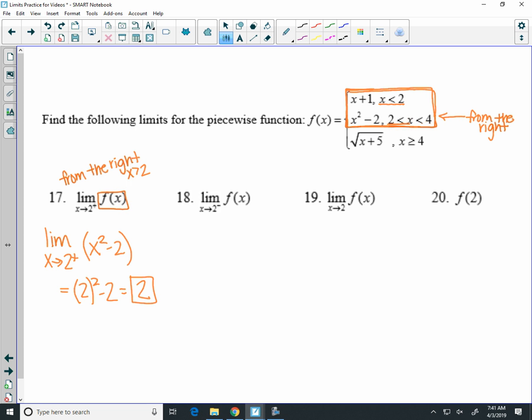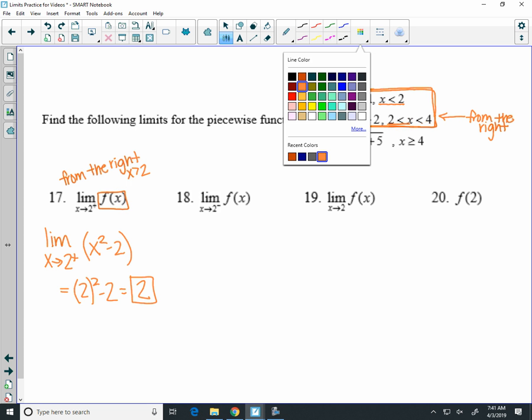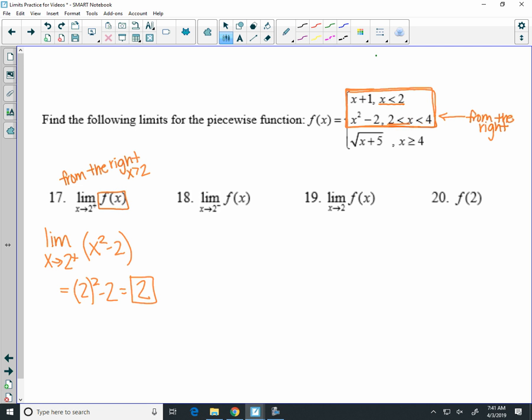Now, from the left, since this is at a break in our function, we're going to look at this side. From the left is where x is smaller than 2. And of course, the other number here that we could be looking at is 4, and then we would use the bottom two equations.